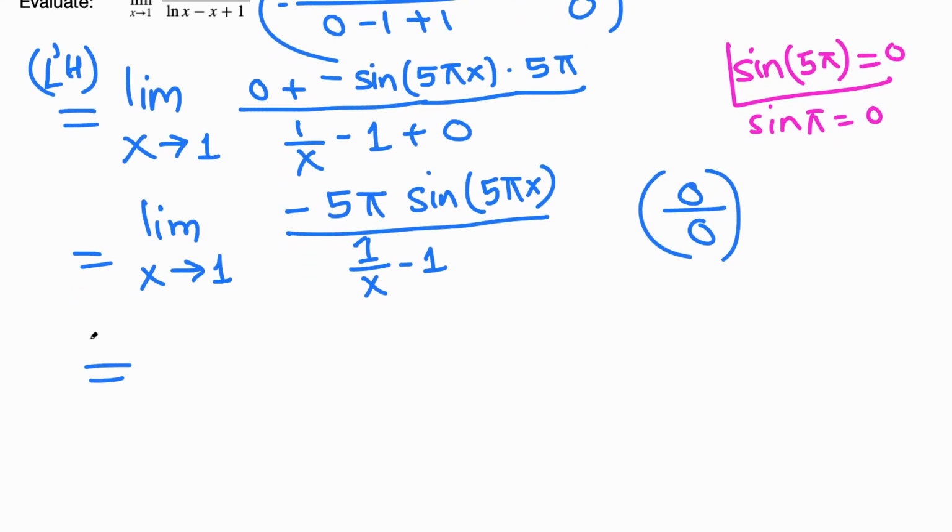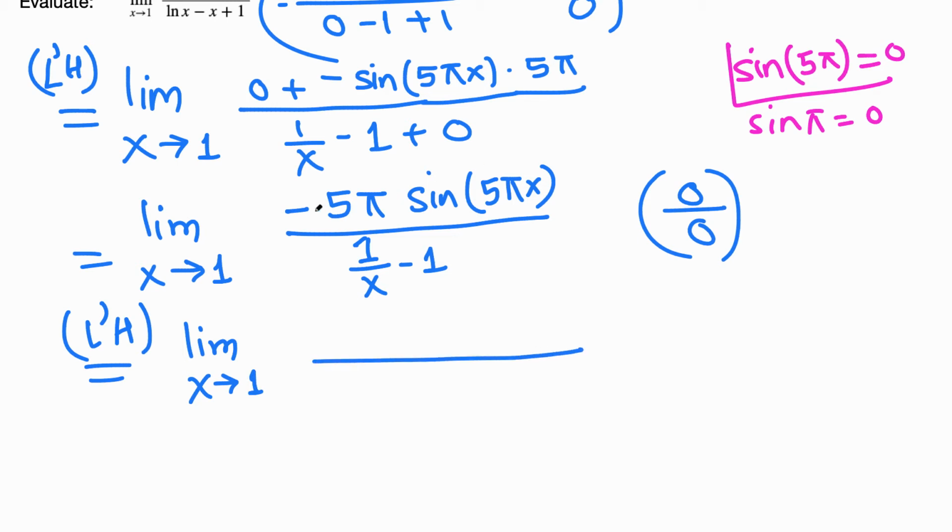So I'm indicating by writing LH, the limit as x goes to 1. On the top, negative pi is just a constant, times the derivative of sine u. It's like cosine u earlier.